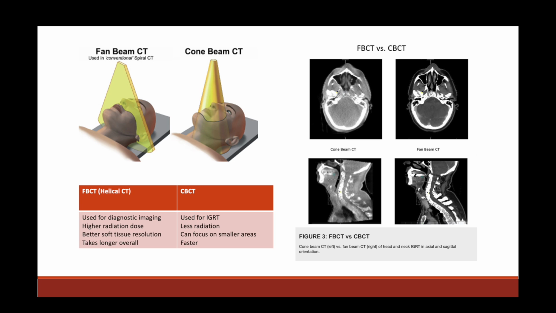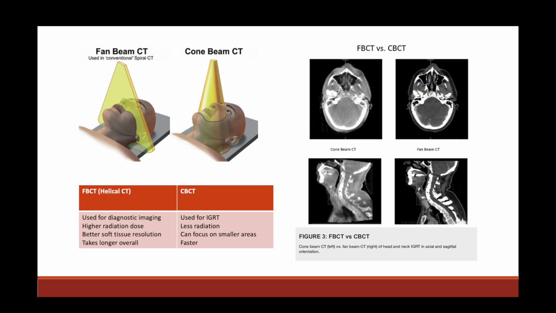Cone beam CT, on the other hand, is our approach for image-guided radiotherapy, or IGRT. And with a cone beam CT, we are scanning a larger section of the patient at a given time. It does result in less radiation dose, and sometimes it can be faster, and it allows us to focus on smaller areas because it tends to have higher pixel resolution.